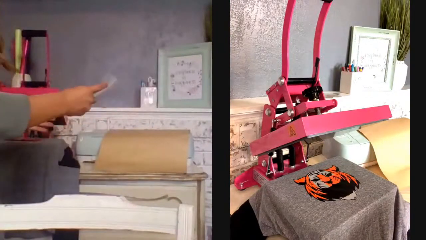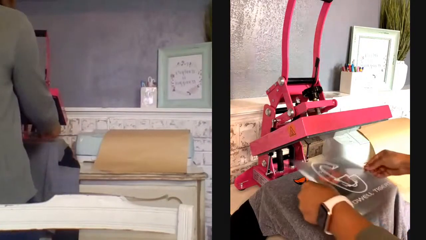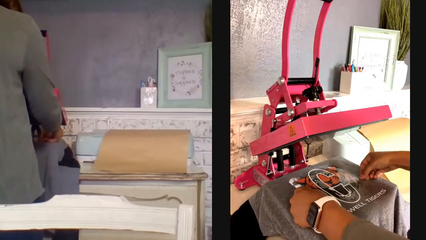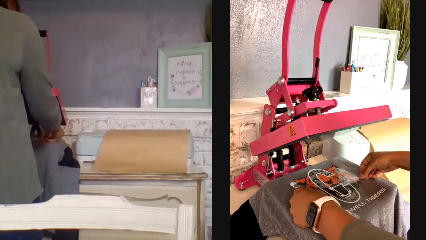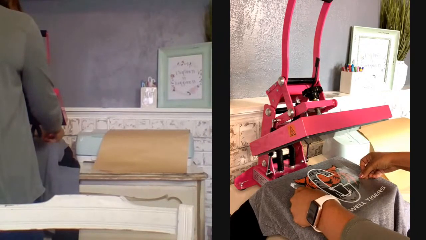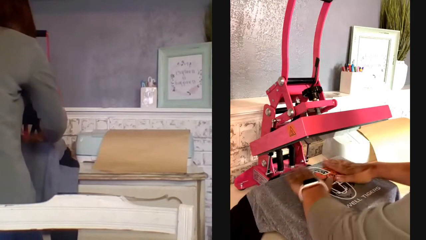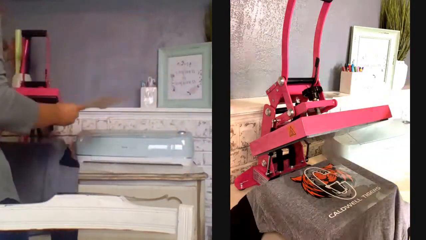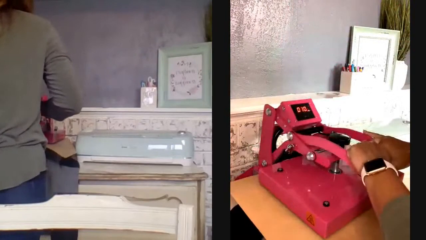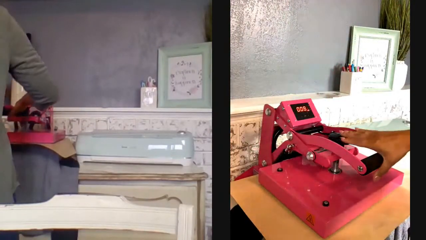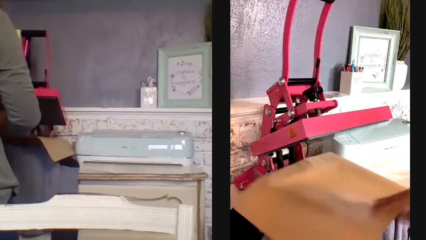So I'm going to lay in the white so that it will be easier for me to figure out where the red piece goes since it's such a small piece. So you'll notice every single color is getting just a 2-second tack.